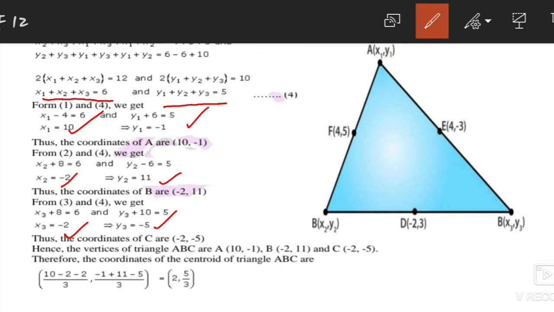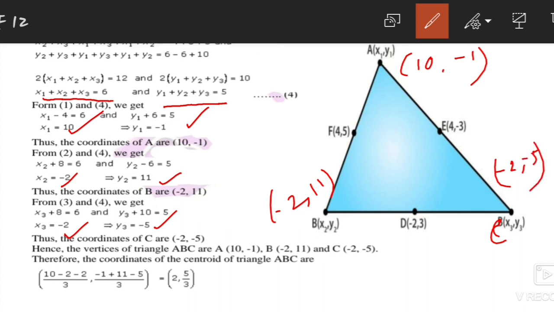So you are getting the coordinate of A as (10, -1), the coordinate of B as (-2, 11), and the coordinate of C as (-2, -5).